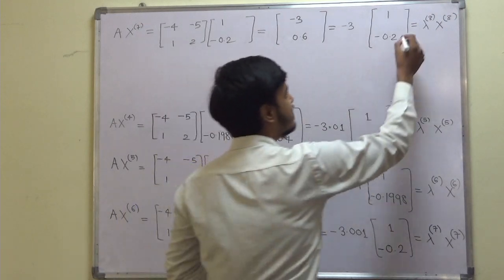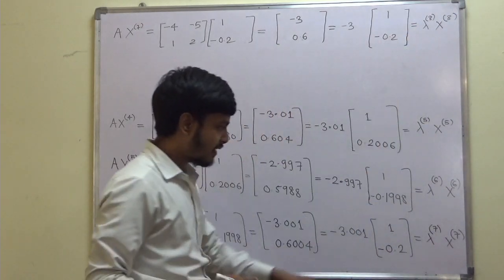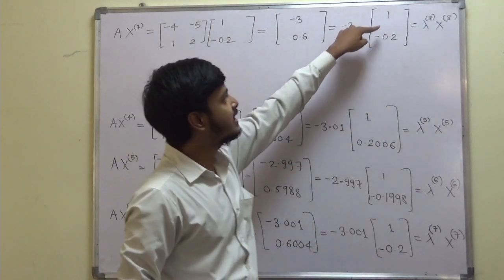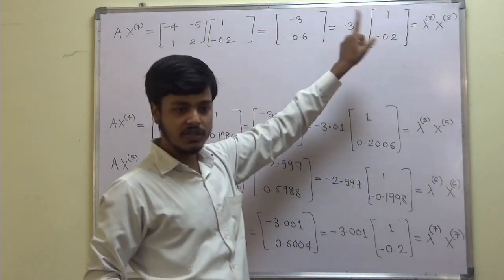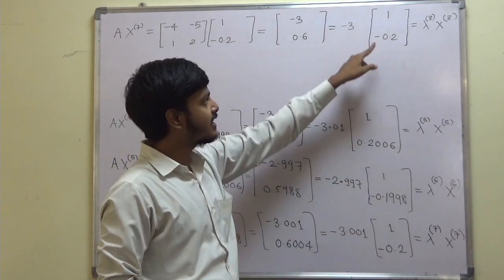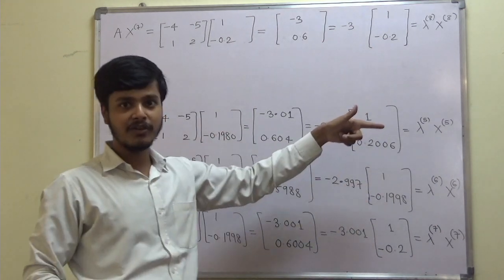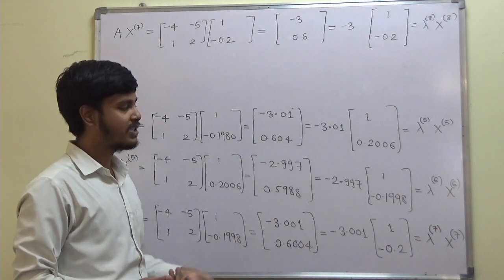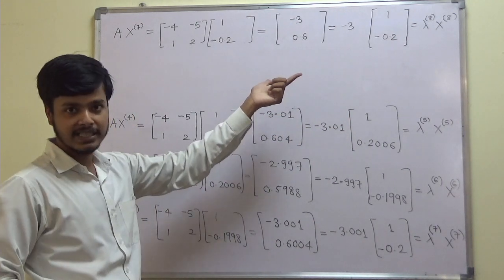Now as you can see, the previous step was 1 minus 0.2, and here also 1 minus 0.2. As you can see, the difference between the two is negligible, or we can say that it comes out to be approximately equal to 0. So here the process terminates.